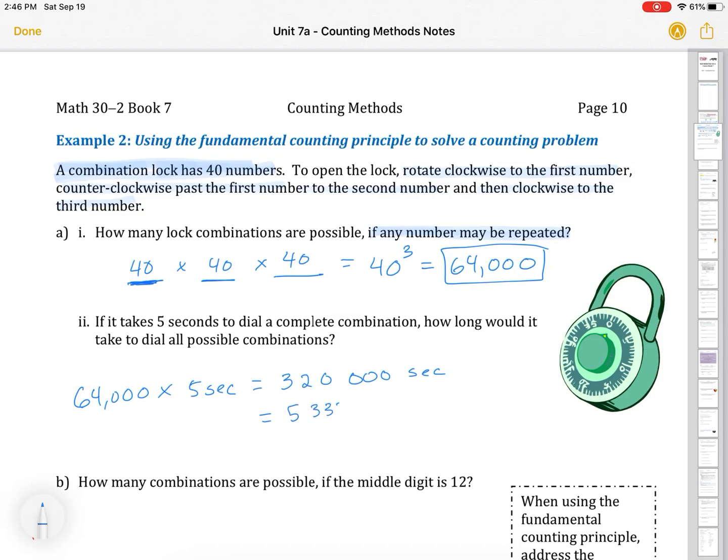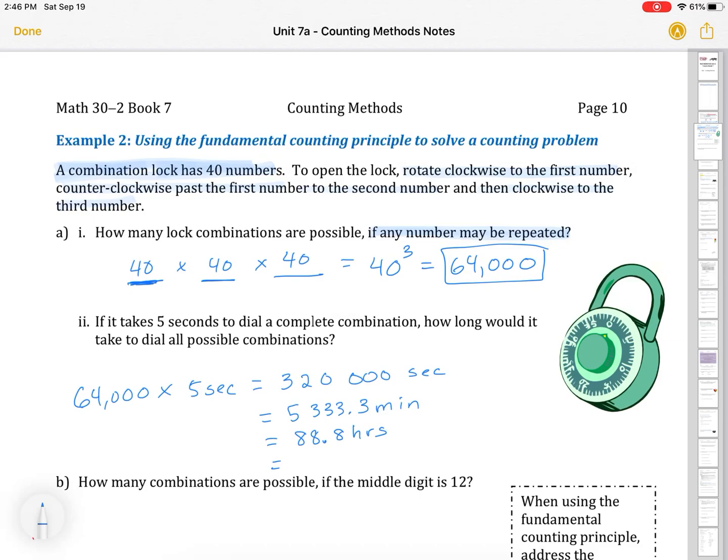Now I can convert that to minutes by dividing by 60. So I get 5,333.3 minutes. And I can convert that to hours by dividing by 60. And I would get 88.8 hours.